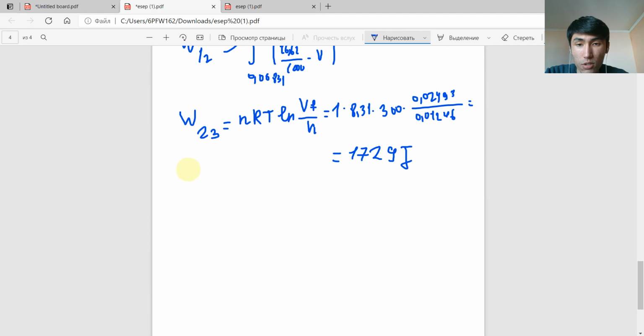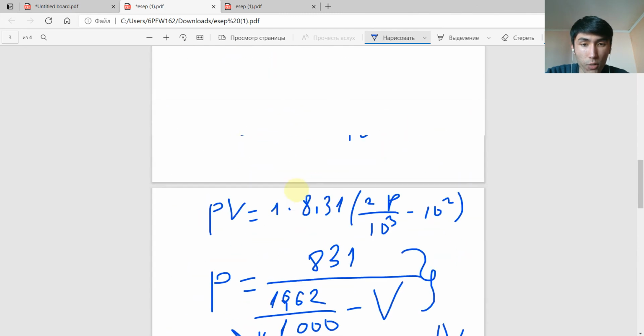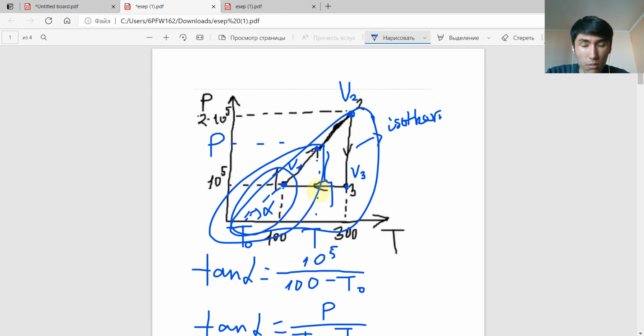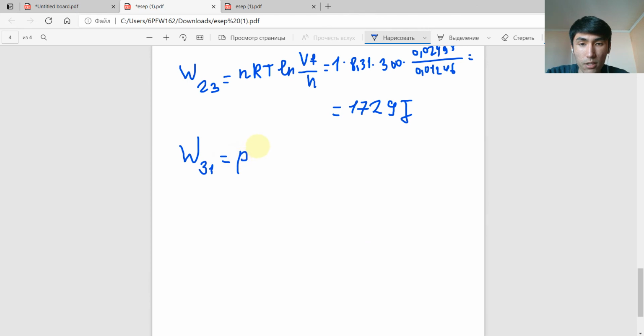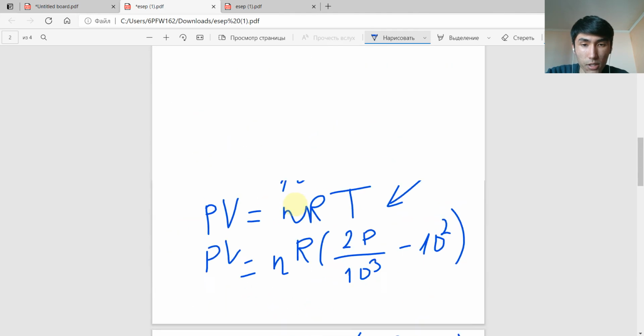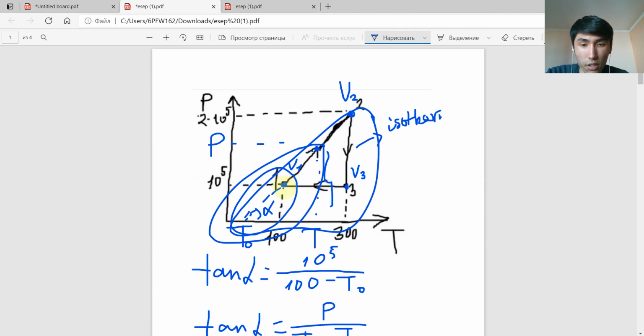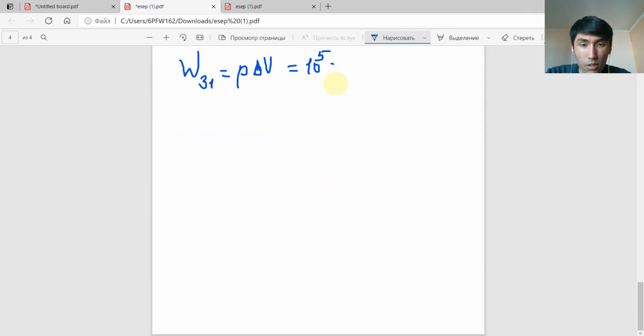So we found the work of 2 to 3, and let's find the last part, 3 to 1, right? 3 to 1 is an isobaric process, pressure is not changing, so we can write it simply P dV, right? P is not changing, 10 to the power of 5 times delta V. Delta V is V final minus V initial. Final volume is here, and the initial volume is here, right? So V1 minus V3.